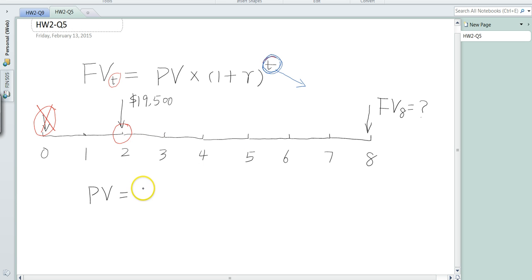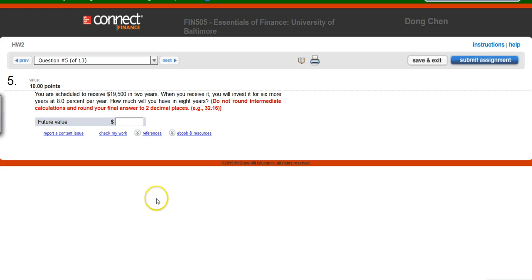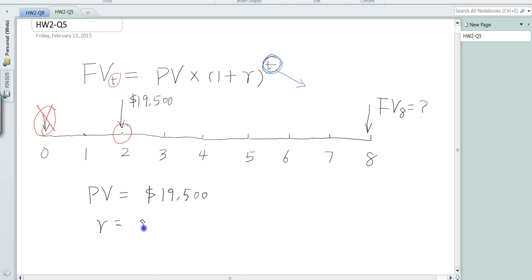So by pretending we stand at year 2, the present value is 19,500. And the interest rate, what's the interest rate? It's 8.0%, so 8%. And what's that t in the power? As we said, that should be equal to 8 minus 2, the difference between the year when you receive the cash flow and the future date. That's 6 years.